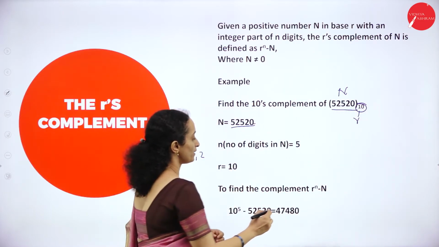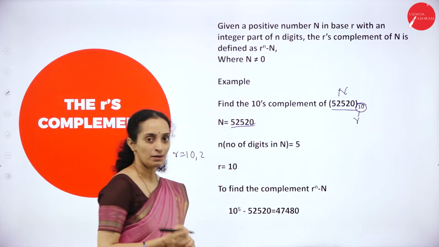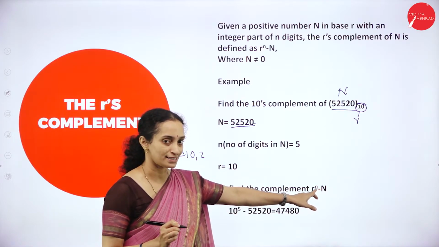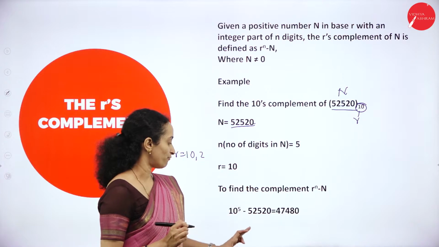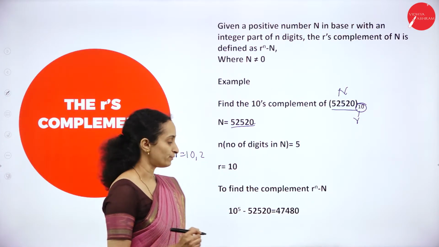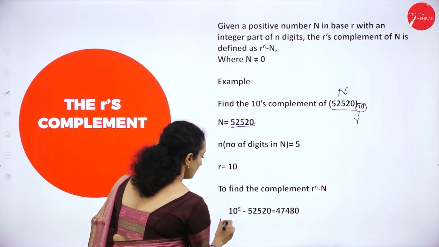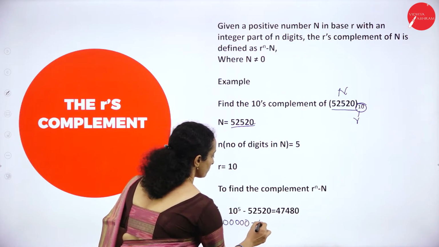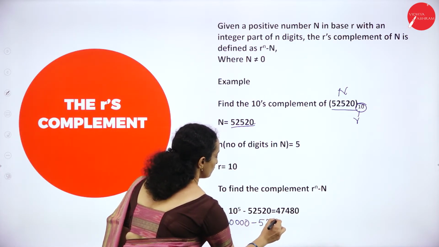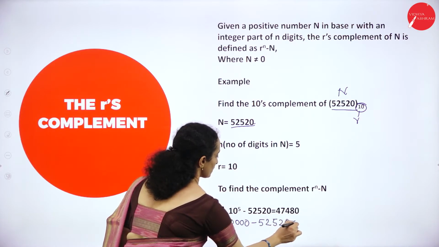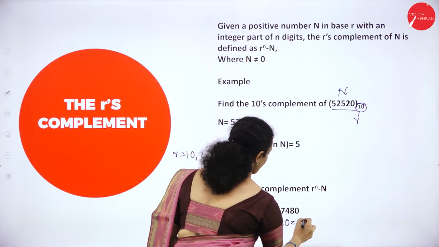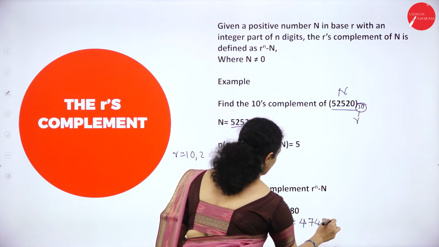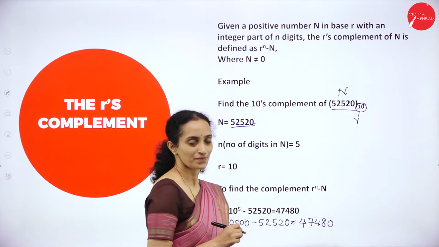To find the complement for 52520, what you can do is R to the power of n minus N. R here is 10, and n is the total number of digits in the number. So 10 to the power of 5 minus 52520 results in 47480.